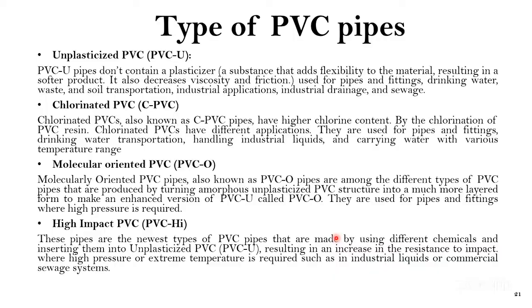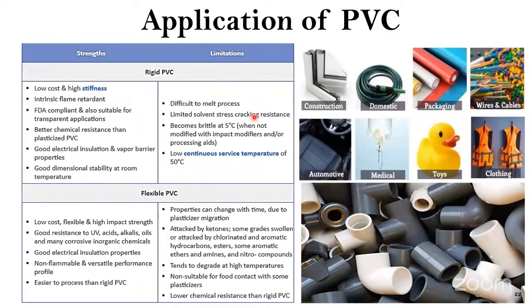So if you are using the pure or virgin rigid PVC, then the maximum temperature you can work up to is 50. After that, you can get a smell of chlorine also, because chlorine is liberated afterwards.